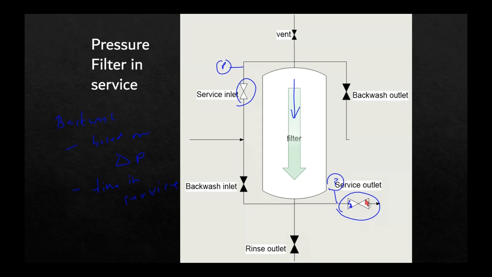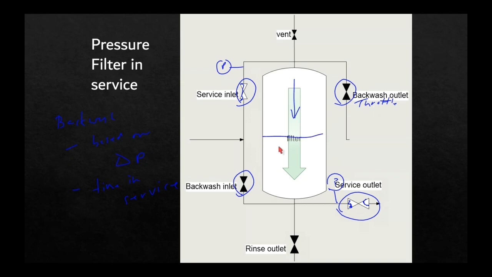So that's in service, and so then the next thing, when it's time to backwash, we're going to close the service inlet. We're going to open the backwash inlet. And we're going to open the backwash outlet, and we're going to throttle this carefully. For two reasons.